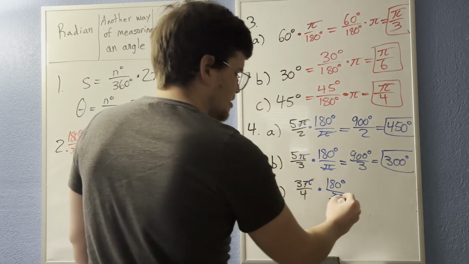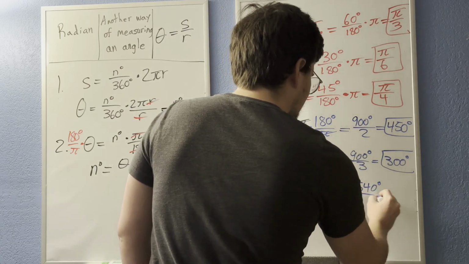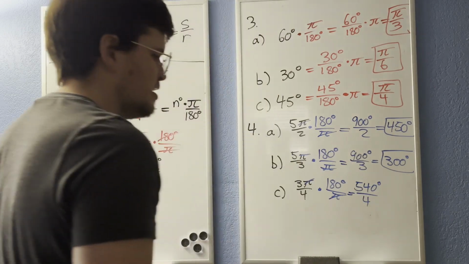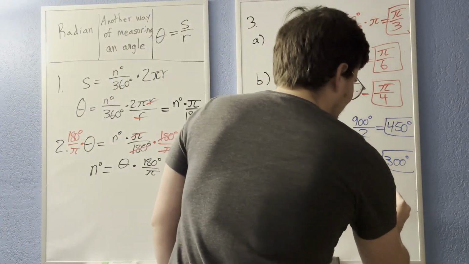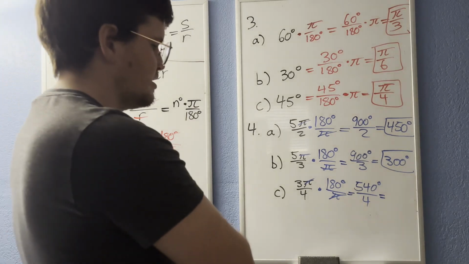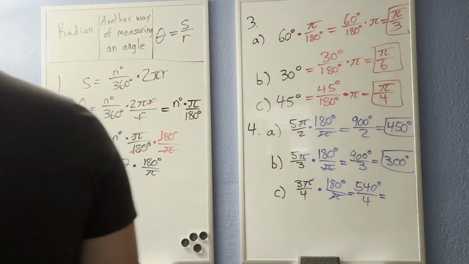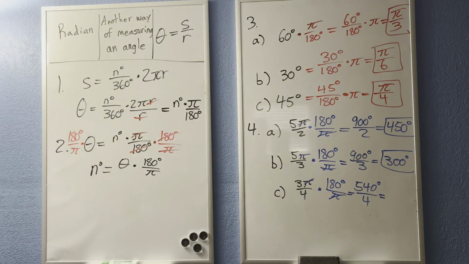Pi's cancel. We get 540 over 4. And if I can do that real quick in my head, that's 125 plus 8, 135 degrees. Well, maybe I can't do that in my head. Maybe we use the calculator just to be sure. 540 divided by 4, 135. Okay, good.